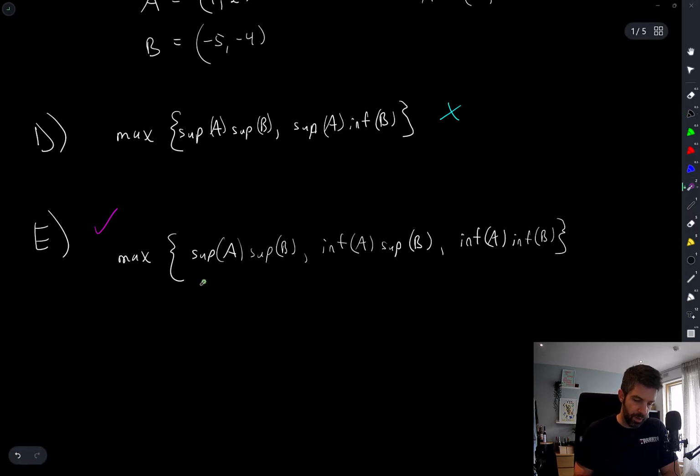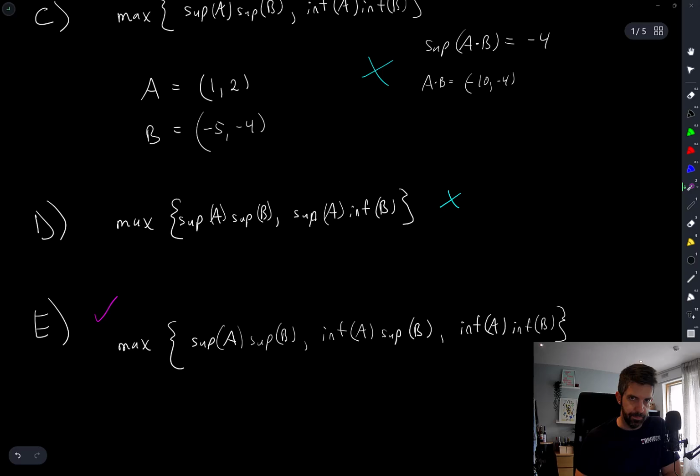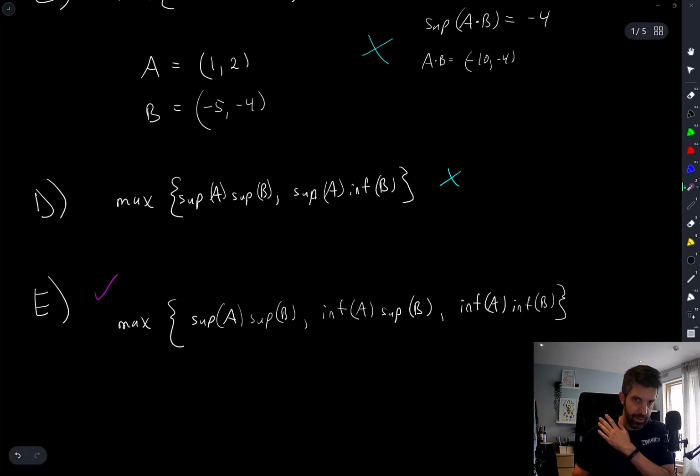So if they're both positive, if A and B are just all positive numbers, that'll be the supremum. If they're all negative numbers, that'll be supremum. And if there's a mix of positives and negatives, even if the sets themselves overlap 0, I haven't worked the whole thing out, but I can see why this would give the right answer.